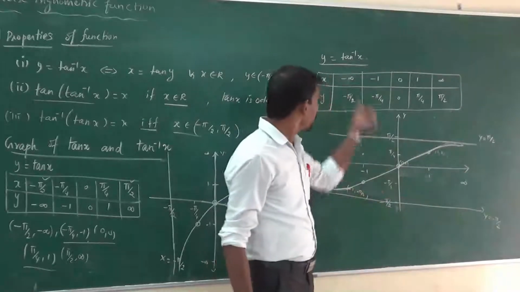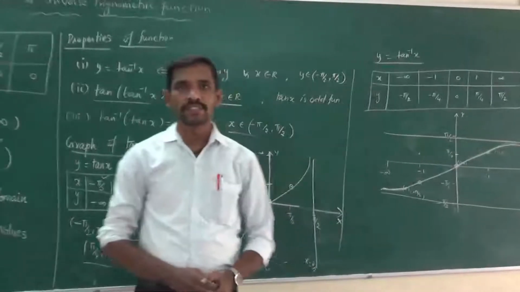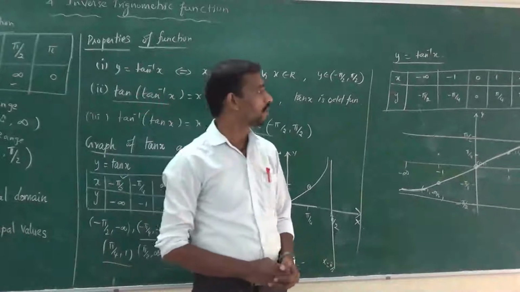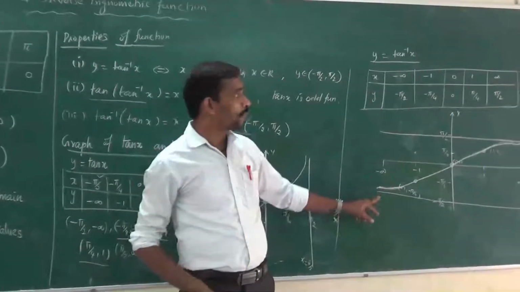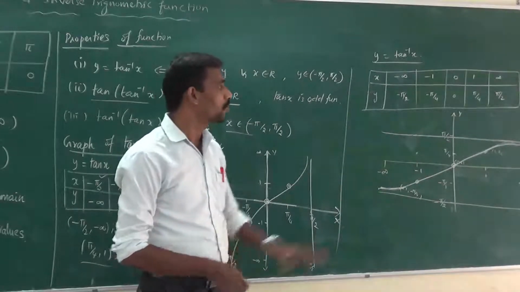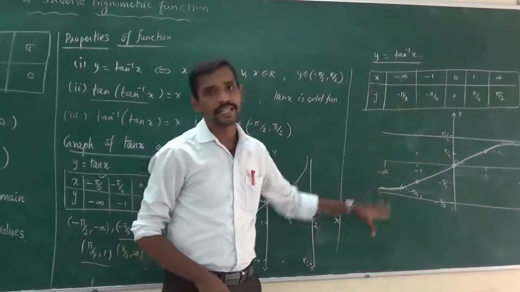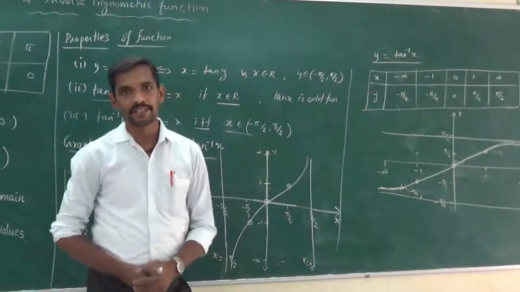So this is tan inverse of x. Now tan inverse of x is symmetric about the origin. Tan inverse of x is defined only in the open interval of minus pi by 2 to plus pi by 2. So it's symmetric about the origin and it is an odd function too. The period of tan x is nothing but pi.